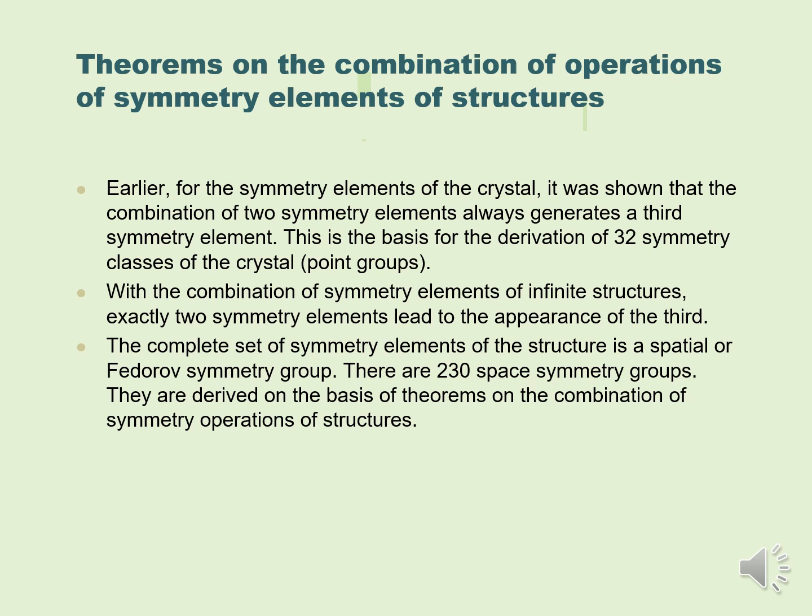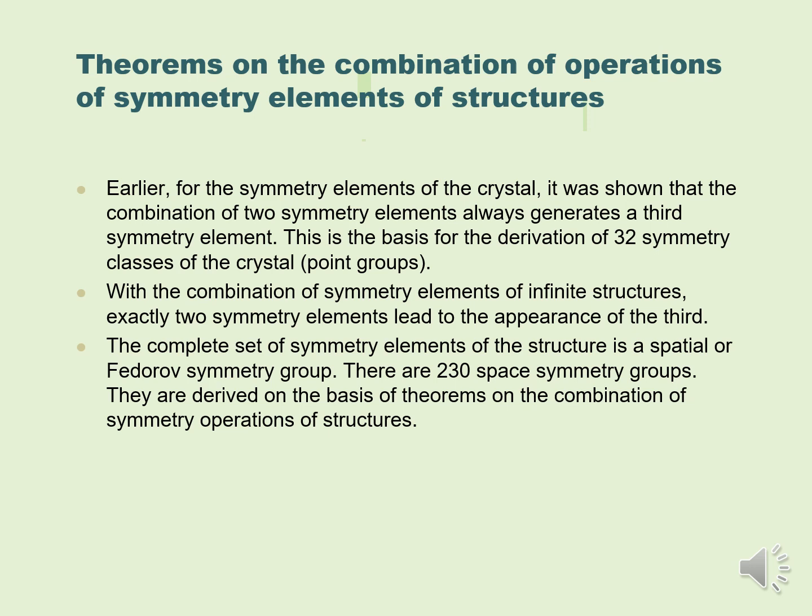With the combination of symmetry elements of infinite structures, exactly two symmetry elements lead to the appearance of the third. A complete set of symmetry elements of the structure is a spatial or Fedorov symmetry group.